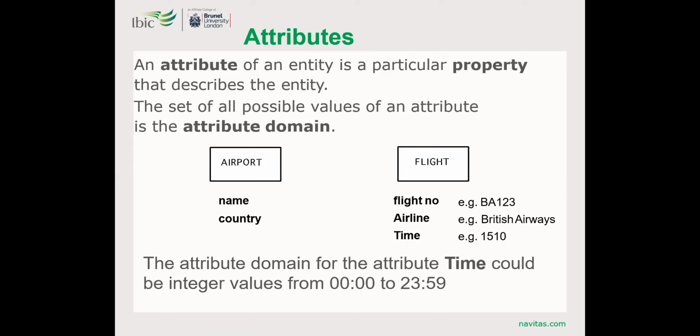Here you can see that we have two entities. Those entities could be airport and flight. For airports, we have name and country, and for flight, we have these attributes.